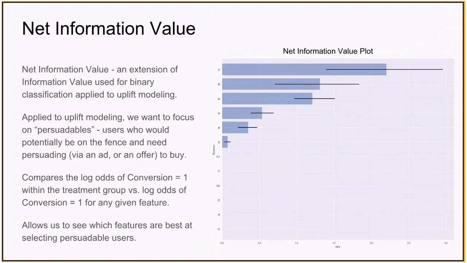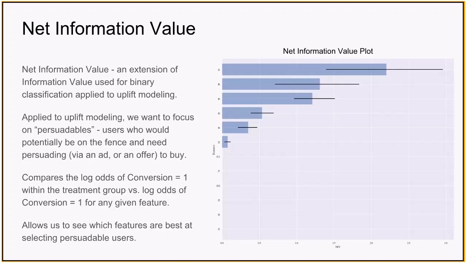Moving forward, I want to talk about the net information value for the data set that we had. So the net information value is really a feature by feature calculation of how much a given feature is present in the positive or negative occurrence of the target variable.